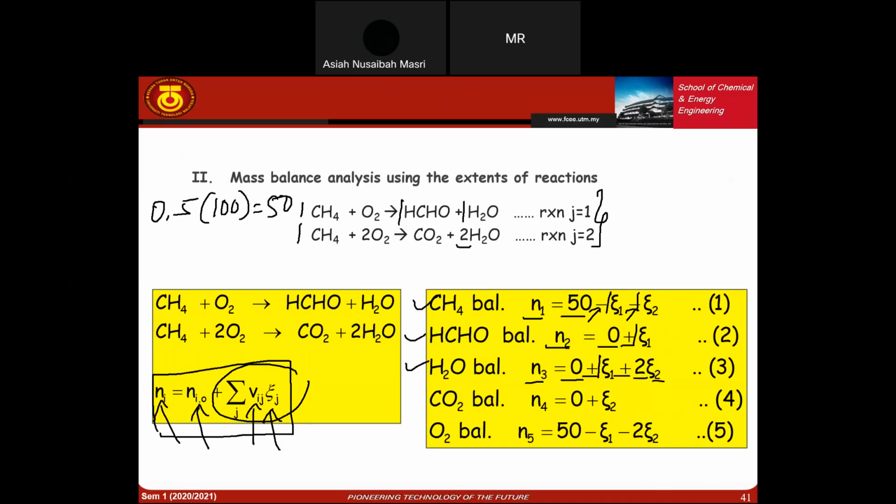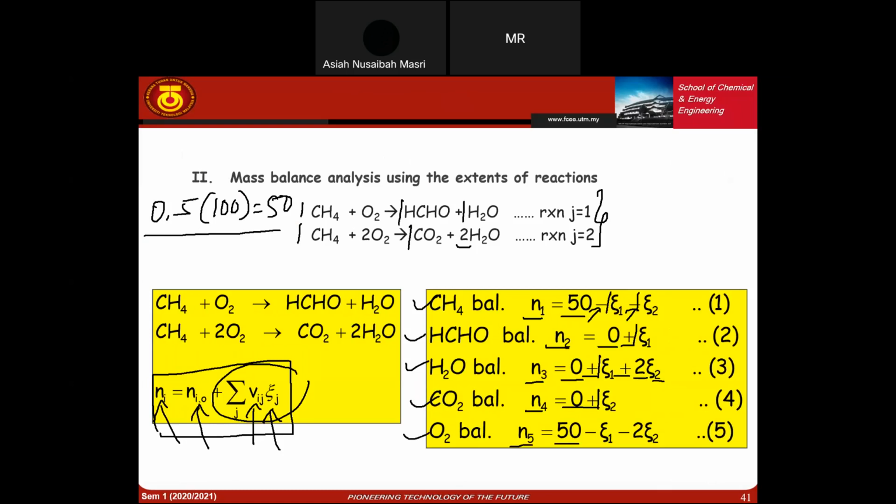Do the same for CO2. So we have here CO2, N4 as the output. It is not present in the input, so 0. It's a product for the second reaction, so positive. Here is 1, here is 1, and then extent 2. Then lastly we have the oxygen. The output is named N5. Input is 50 given by the question, where similarly we have 0.5 times 100, we got 50.